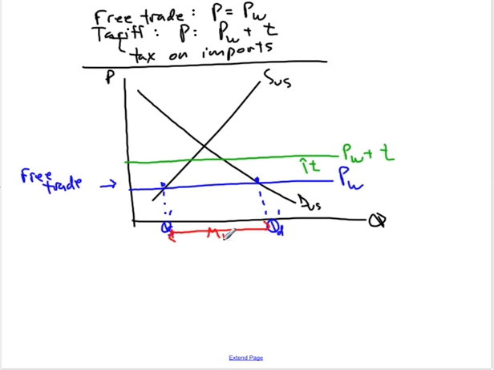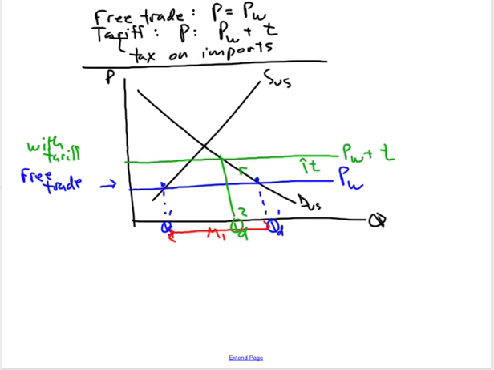That's the difference. Now what if the price is higher? If the price is higher, American consumers will cut back and will only buy QD2 because the higher price will make them cut back. On the other hand, the higher price trade with a tariff.